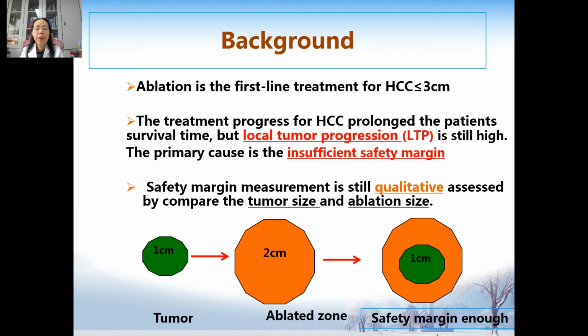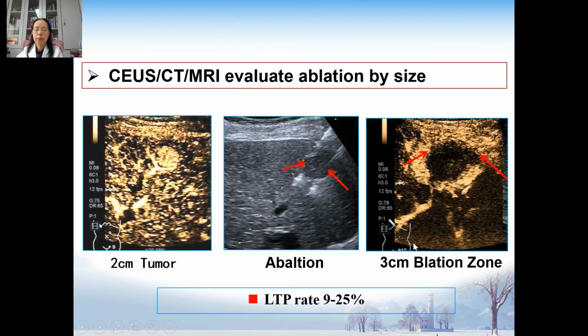The primary cause is the insufficient safety margin. Safety margin measurement is still a quantitative assessment by comparing the tumor size and the ablation zone size. In this picture, a 1 cm tumor and a 2 cm ablation zone, so we think the safety margin is enough.